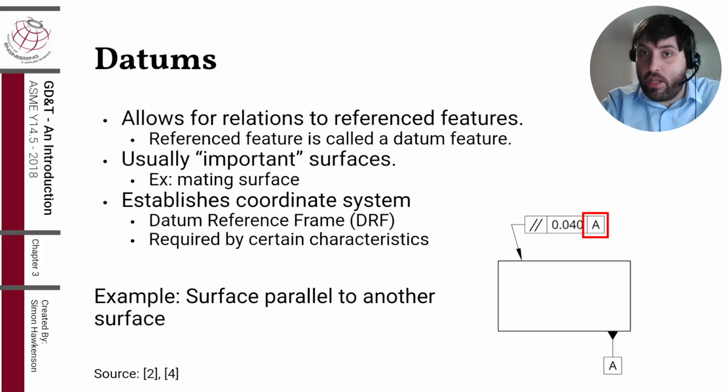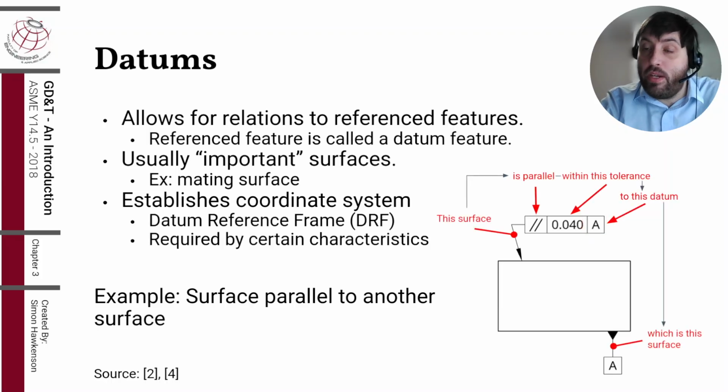One thing I quickly forgot to mention: you usually put datums on your most important surfaces, and it communicates design intent, but we'll get to that a little bit later. So here's how I would read this. This surface is parallel within this tolerance to this datum, which is this surface. In this particular case, it's pretty straightforward to read.